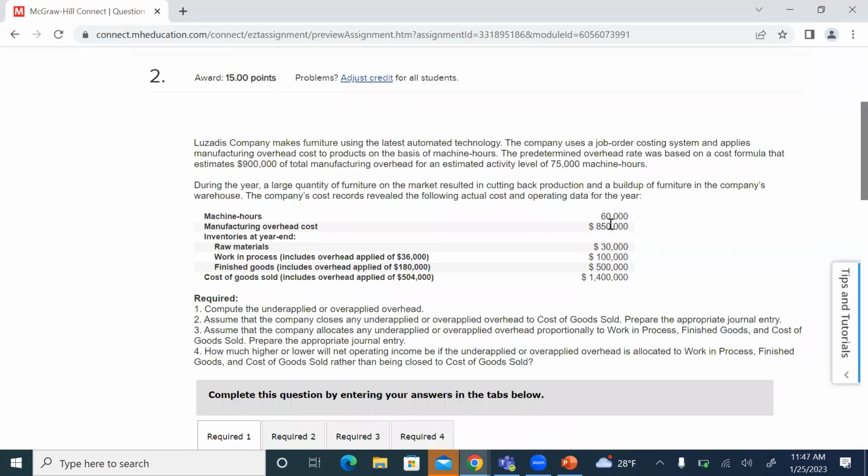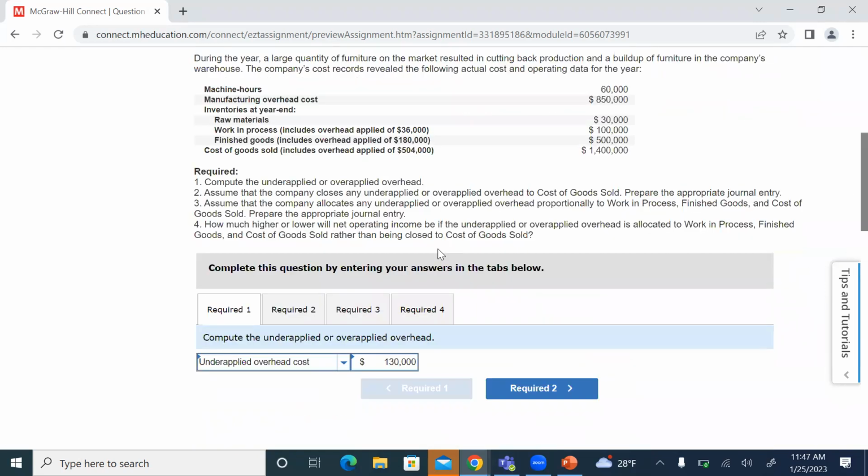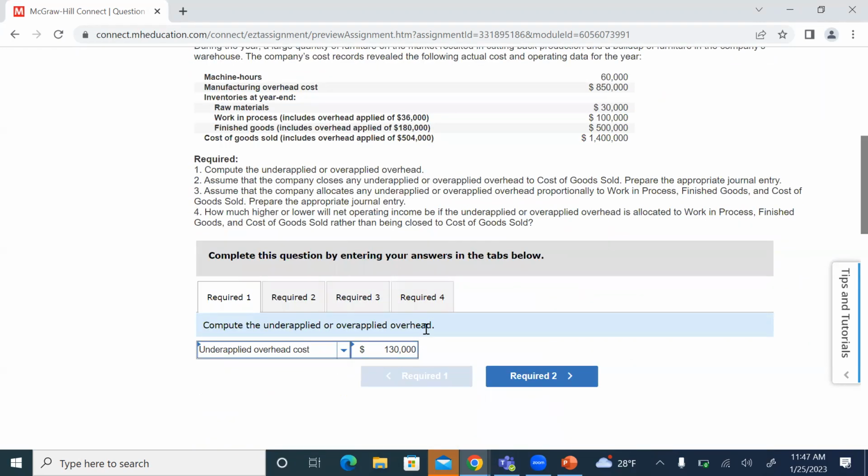See, we got that here. So technically, the amount that got applied to work in process for the year was our 60,000 actual machine hours times our $12 predetermined rate. So we underapplied 130,000, which means we showed our cost of goods sold to be much less than, in fact, what it really was. Got it? So this will be underapplied by 130,000.